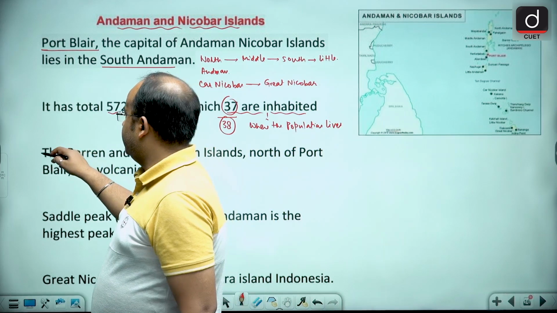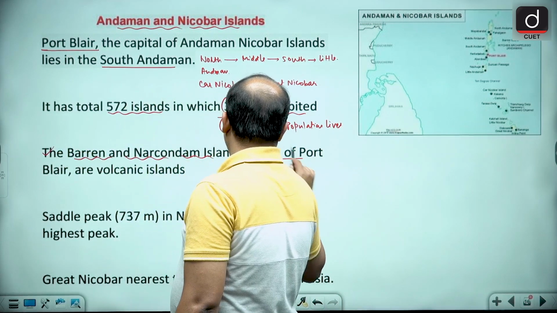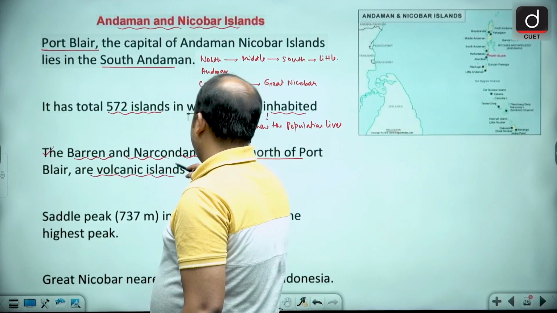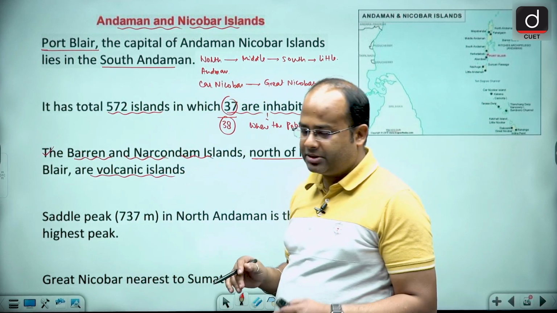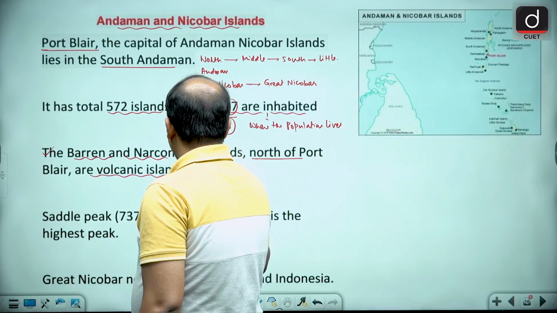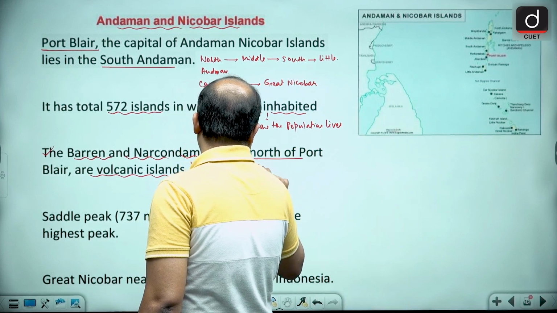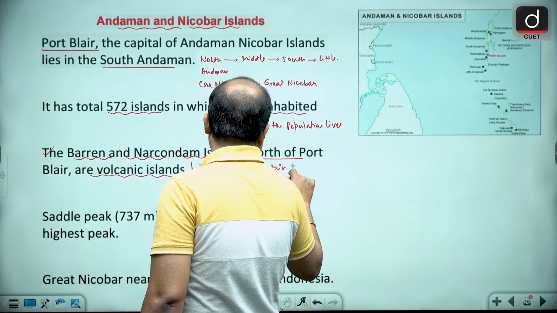Now guys, other than this, you will find the Barren and Narcondam islands in the north of Port Blair, which are volcanic islands. That means they are of volcanic origin and contain volcanoes.